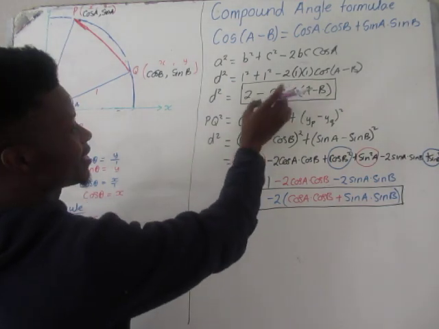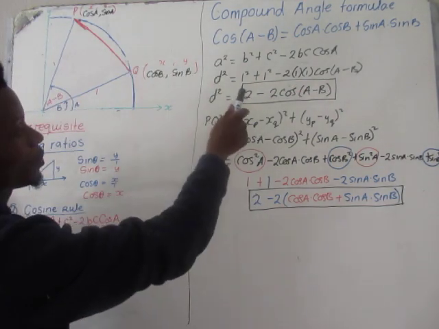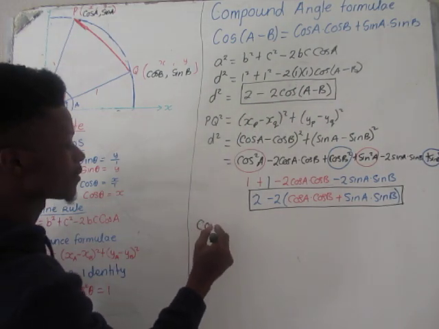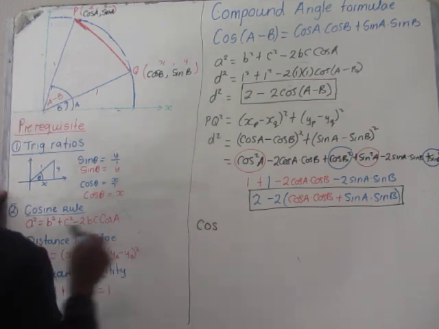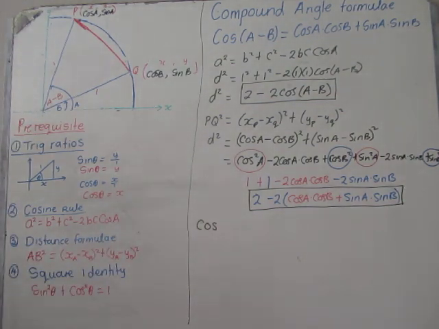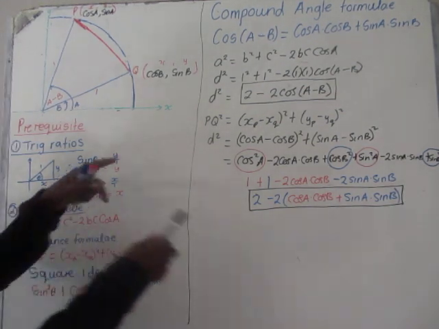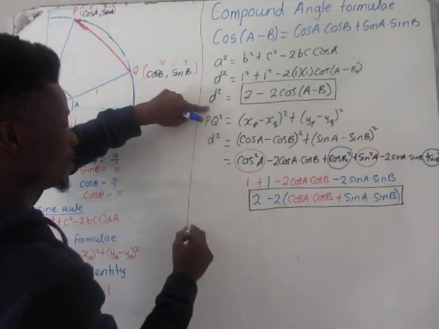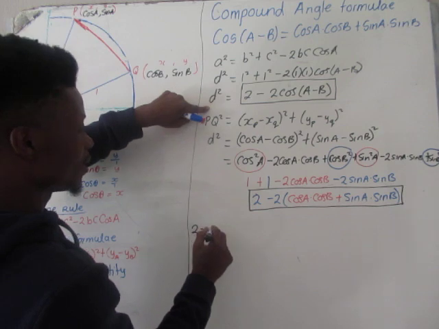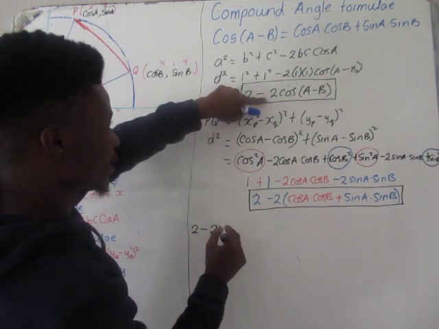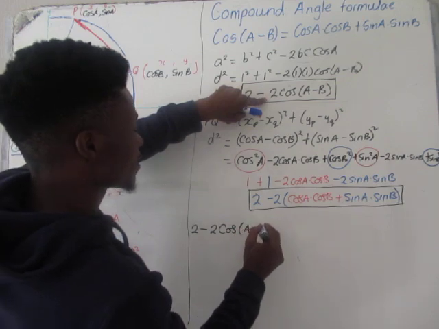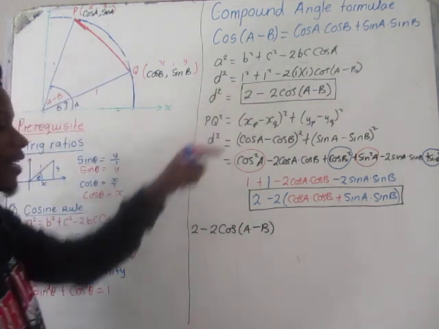So the first identity, the distance PQ in terms of cos, is going to be written as 2 minus 2, that's what I'm writing here, cos A minus B, isn't it? That's what we have proved, right?